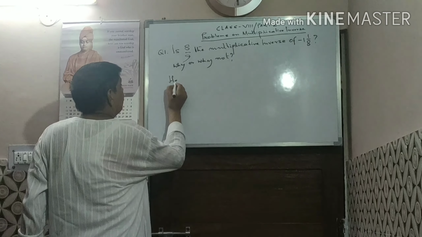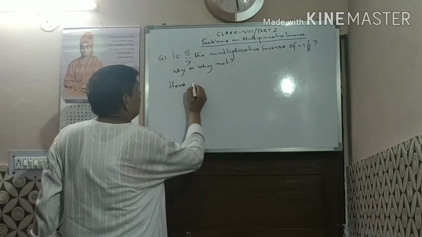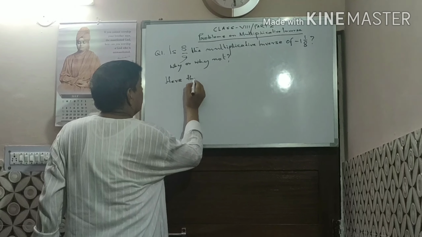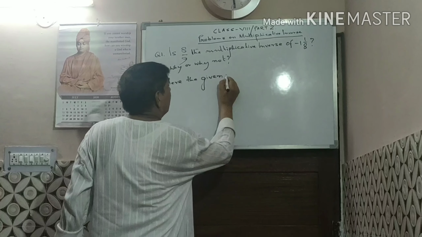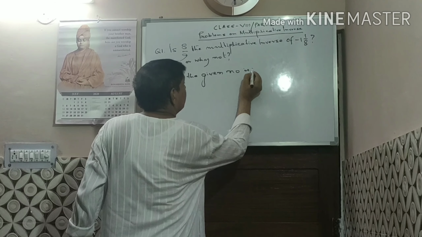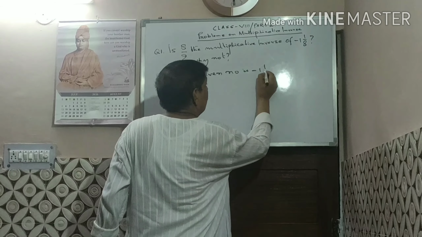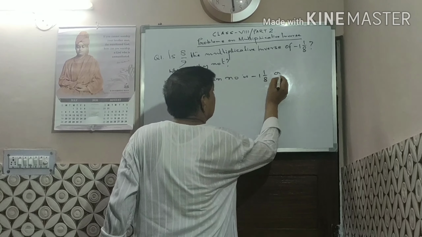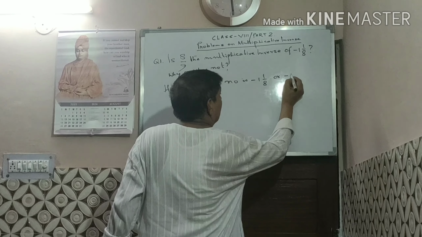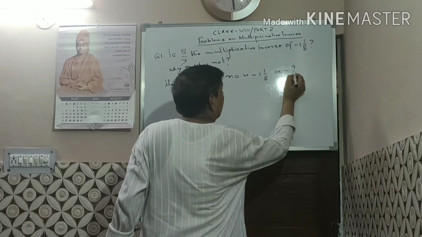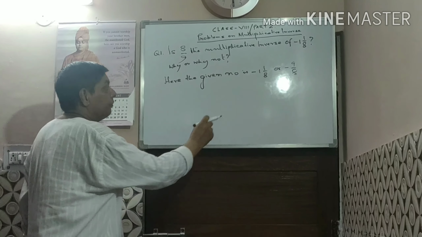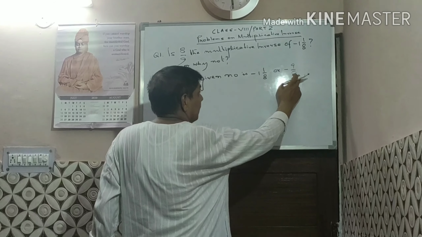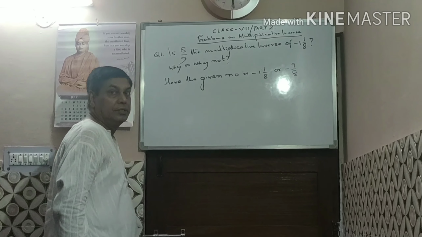Here, the given number is minus 9 by 8. Now I have to find out the multiplicative inverse of minus 9 by 8.